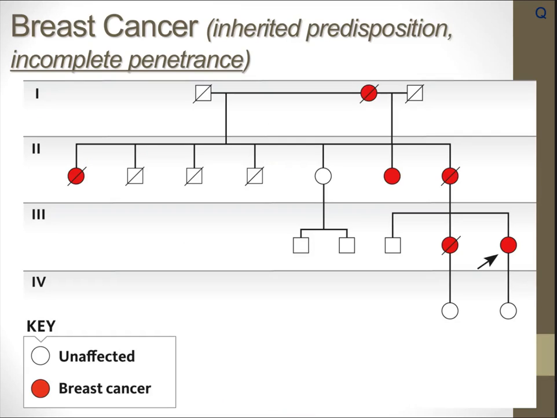One reason that breast cancer, for instance, does not follow a very distinct inheritance pattern is usually because of incomplete penetrance. This simply means that you can carry the mutation that predisposes you to this cancer without ever actually getting cancer.